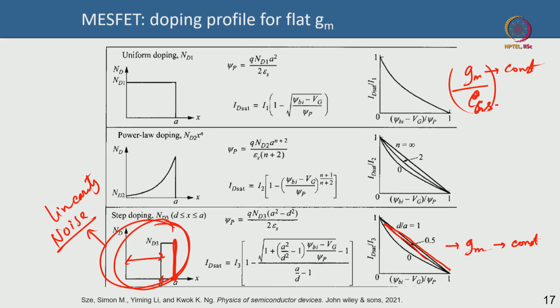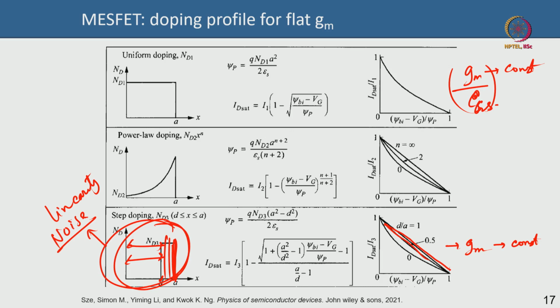The GM is constant, but your CGS reduces, the gate channel capacitance reduces because it is a little far away. So, the overall depletion is a little more, so epsilon by D is less, so CGS is less, and that is why your noise becomes better. So, this arbitrary doping profile is very useful for those kinds of things, but this may not be widely used because it needs a more involved material growth technique, but nevertheless this is a useful thing to learn.